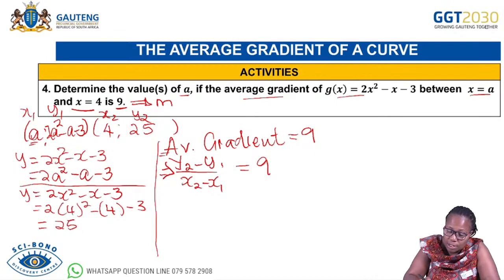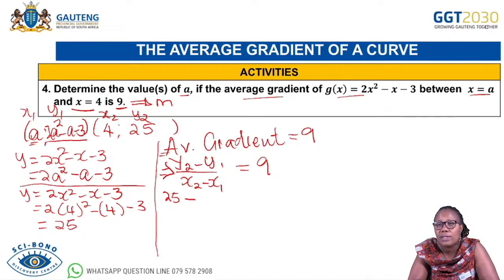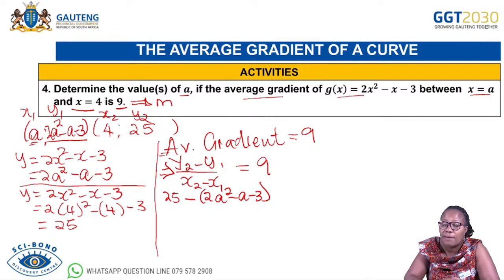So let's substitute now. The y2 is 25 minus the y1. Look at this. y1, you are having 3 values there. Okay? So if we have 3 terms there, therefore we need a bracket grade 12. We cannot just say minus 2a squared because negative will only affect the 2a squared. Whereas it is minus the whole thing. All those terms must change. So it will affect all of them, all 3 of them.